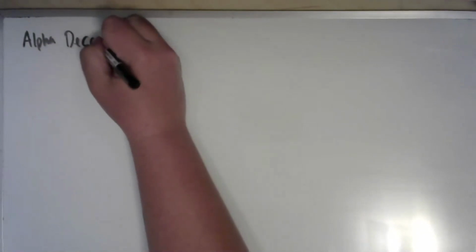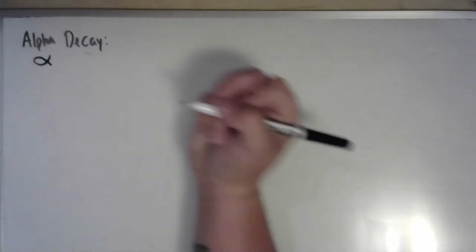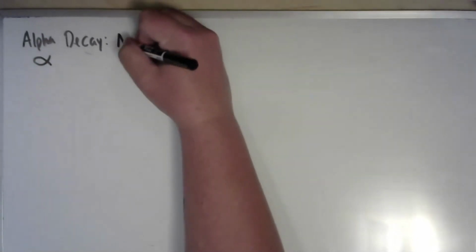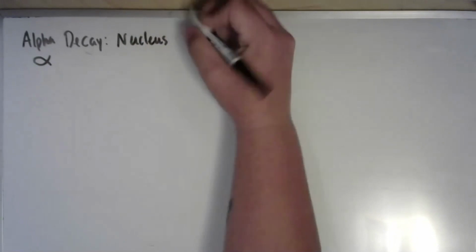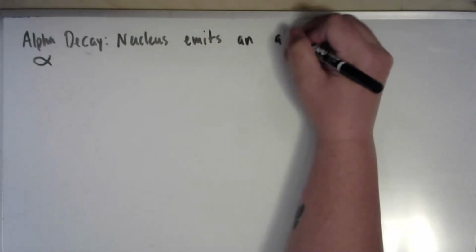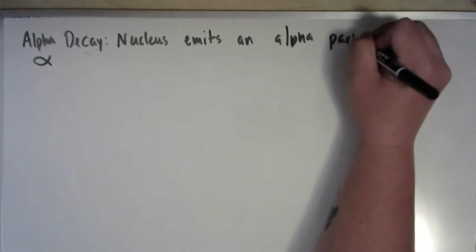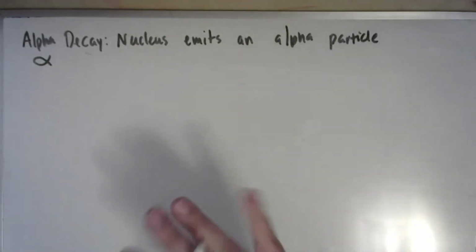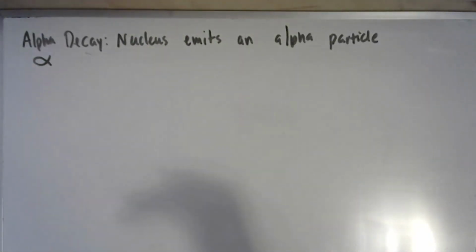So we already started talking about alpha decay, so we might as well start there. When we have alpha decay, which you're going to see represented with this little alpha symbol, that's when your nucleus is going to emit an alpha particle, which looks like a helium-4 nucleus.